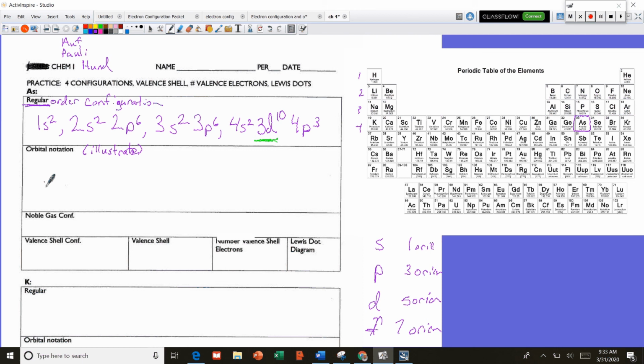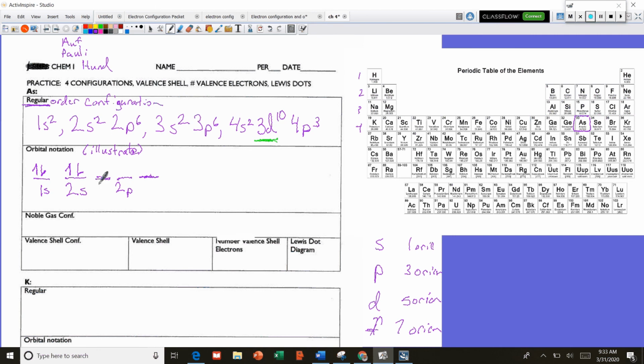All right, so we're going to fill according to Aufbau first, lowest to high. So we have our 1s, we have 2 electrons. In 2s, we have 2 electrons. We have 2p, 1, 2, 3 orientations.